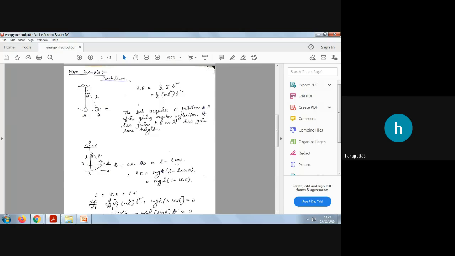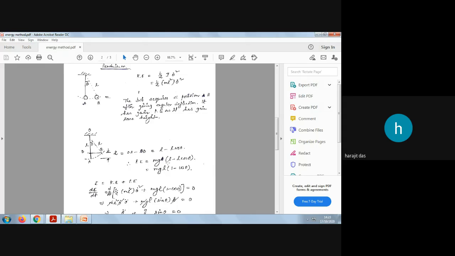So L minus L cos theta will be the value for H. After simplification, we can make it common: L(1 minus cos theta). We will use that while calculating potential energy. Now the potential energy will be what? mgh, isn't it? So mg, instead of h, we put L minus L cos theta. Understood? We make L common: mgL(1 minus cos theta).